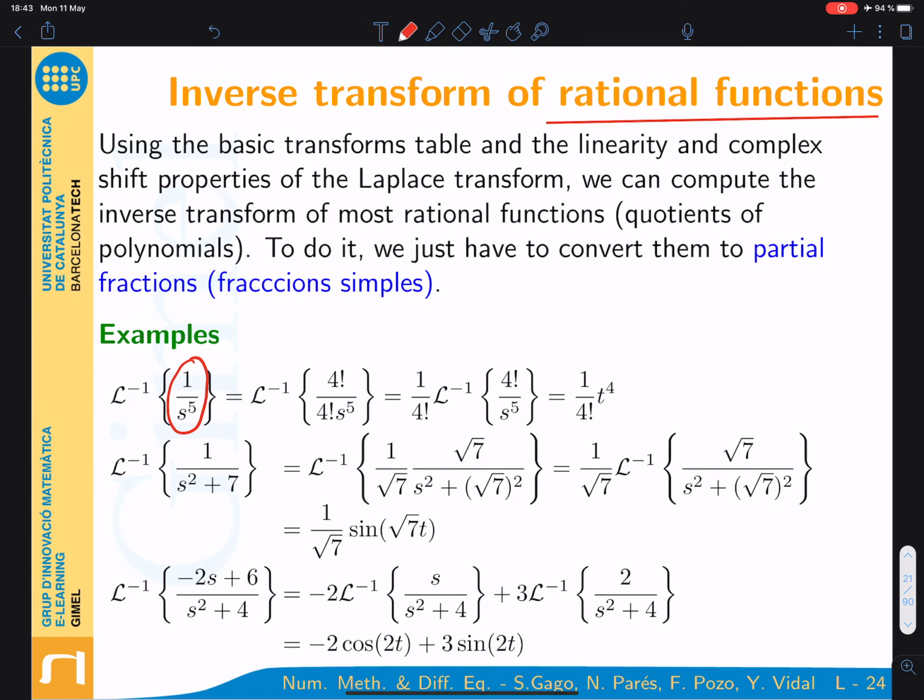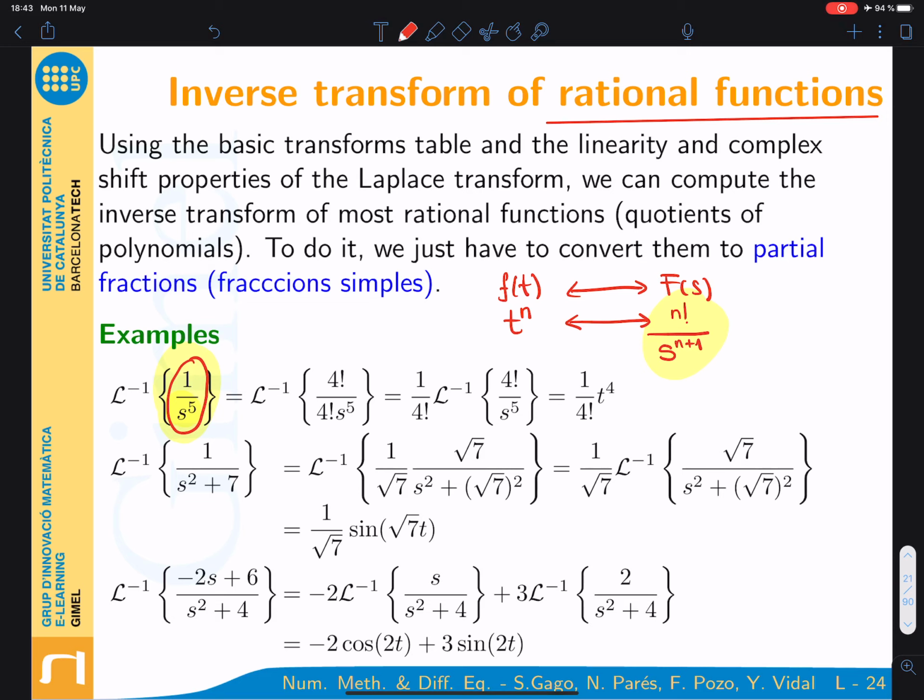I will just copy it here: in our table, when f of t is t to the power n, its Laplace transform is n factorial over s to the power n plus 1. Now, they are asking us, can you compute the inverse Laplace transform of this function? What I do to compute this is always to try to find in the table something that looks pretty similar to 1 over s to the power 5. And this is pretty similar.